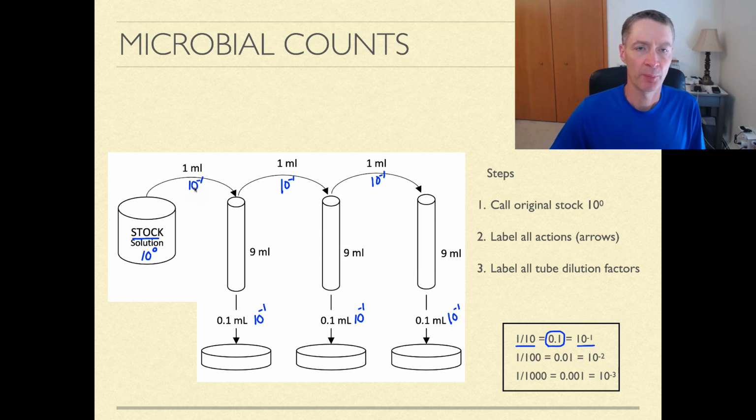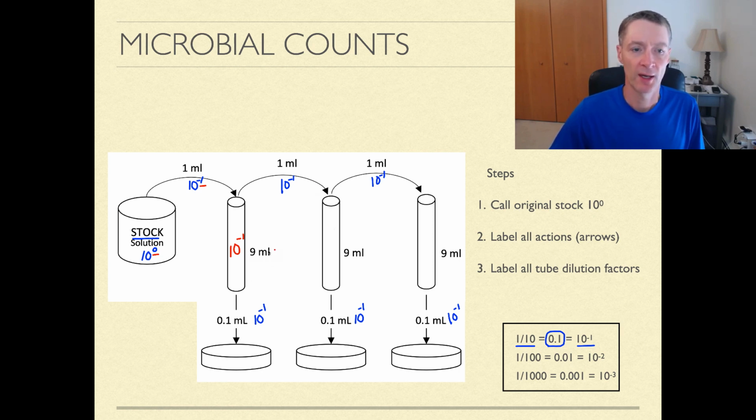Then we have a portion of it taken out and placed into the tube. All we have to do now is add the powers of 10. 0 plus negative 1 is negative 1. So we have a 10 to the negative 1 inside this tube. That's the dilution inside that tube.